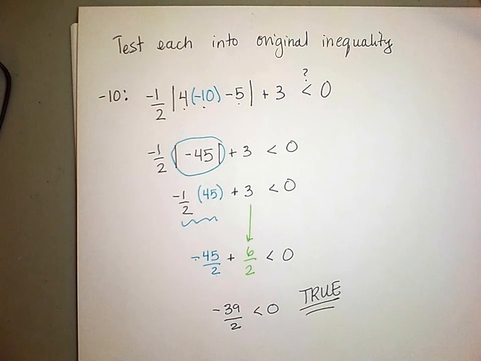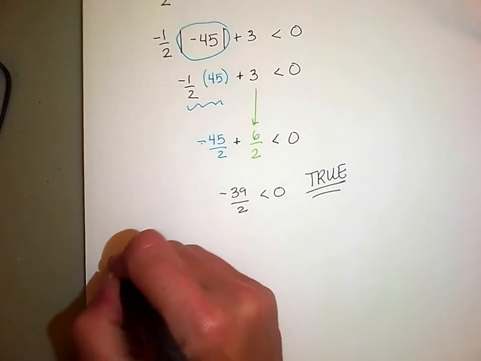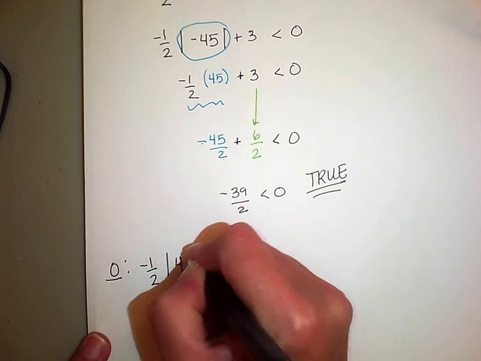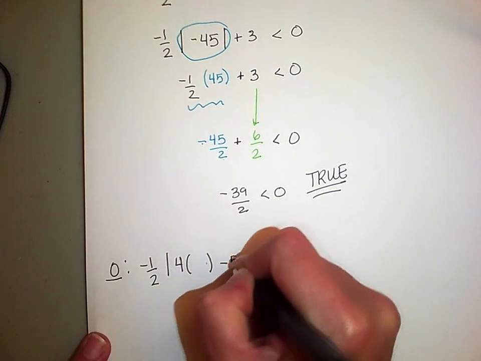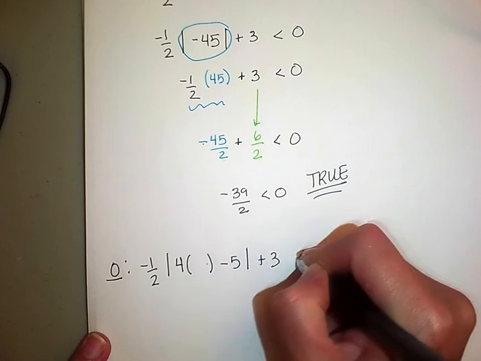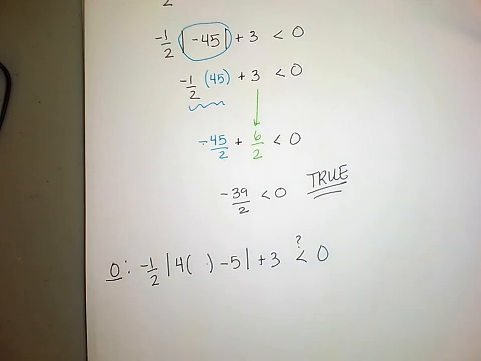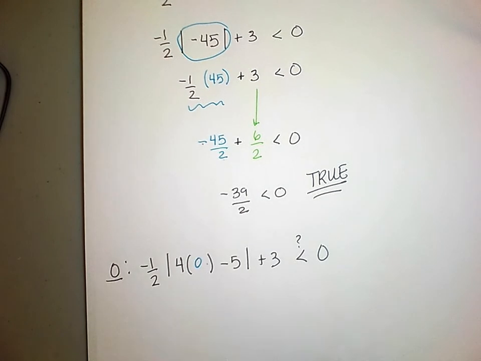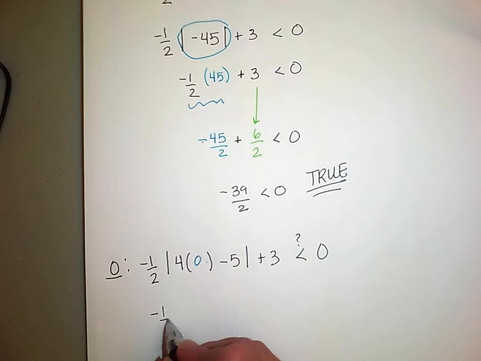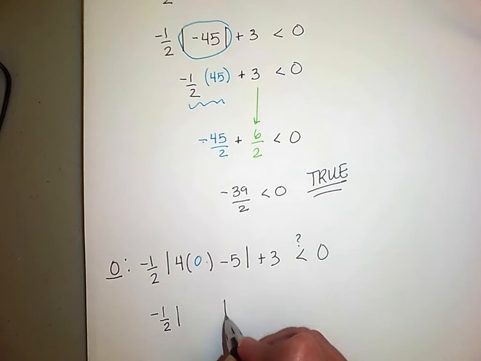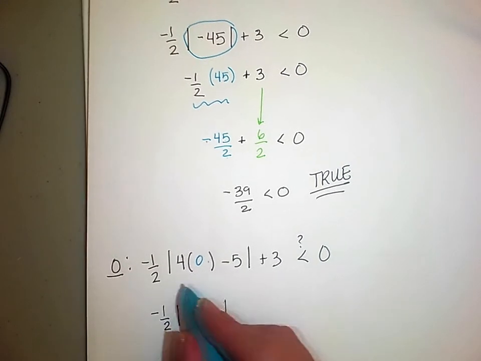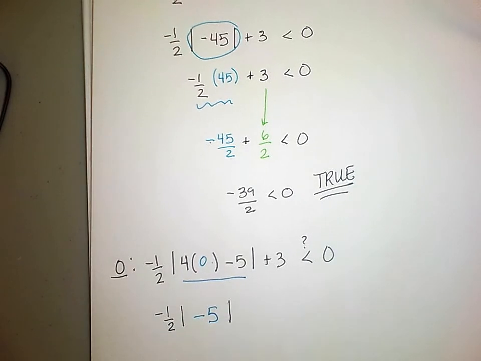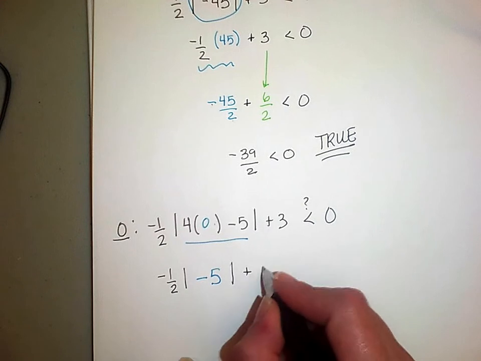Now let's try 0. At 0, we'll plug it in, negative 1/2 times the absolute value, plus 3, and is that less than 0? Simplifying inside of here, 0 minus 5 is minus 5, plus 3.